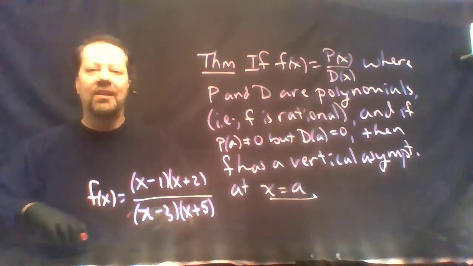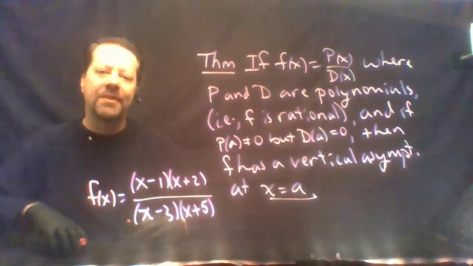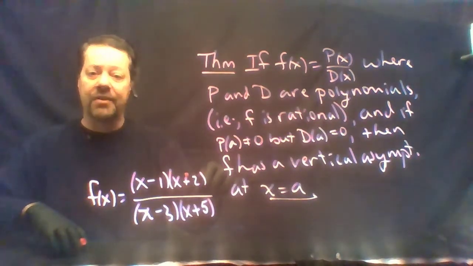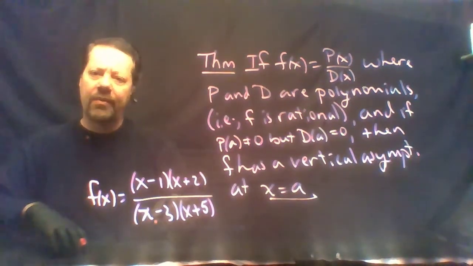It tells us you go hunting for those vertical asymptotes, with respect to rational functions at least, in the roots of the denominator.